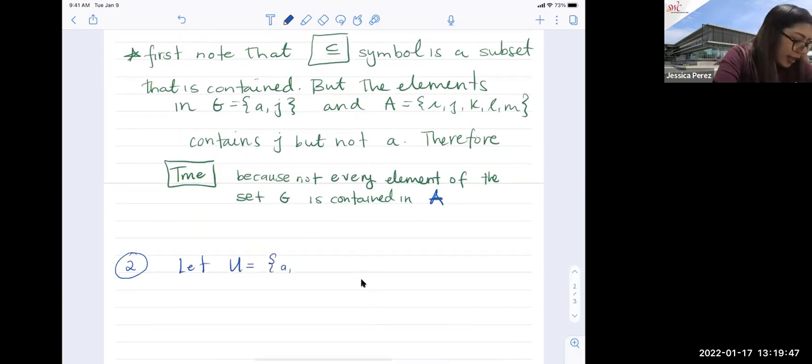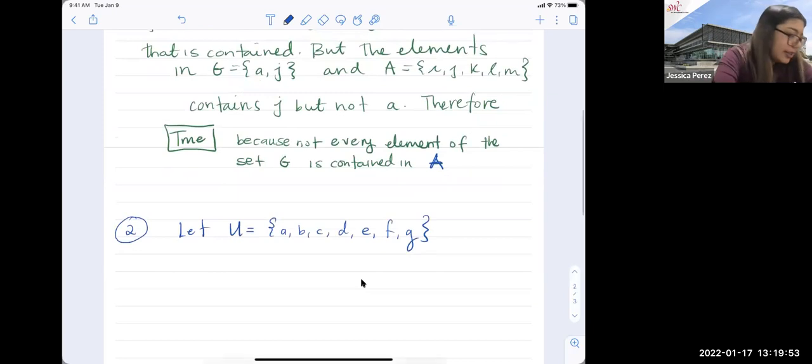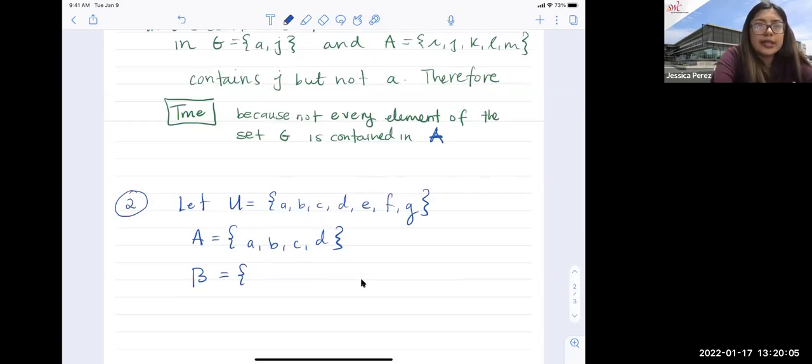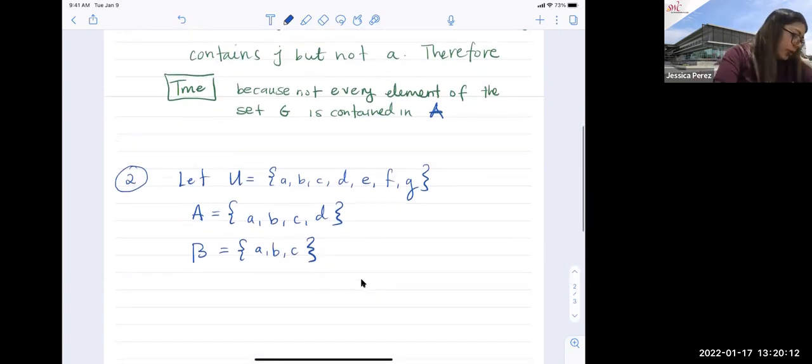I'm going to say A, B, C, D, E, F, and G. And let's say that the set A contains A, B, C, and D. And then B contains the set, let's say A, B, C. Let's say we have this example. What we want to do is we want to find the intersection between A and B.